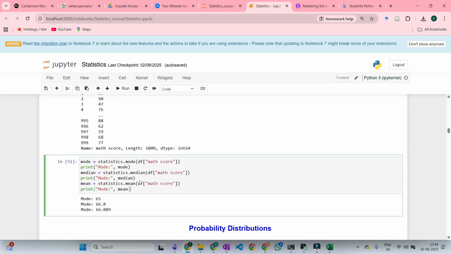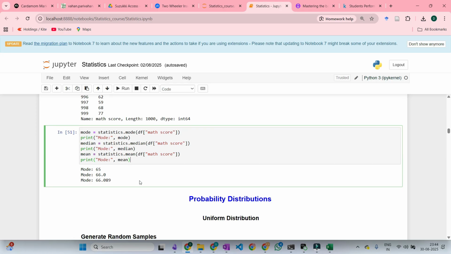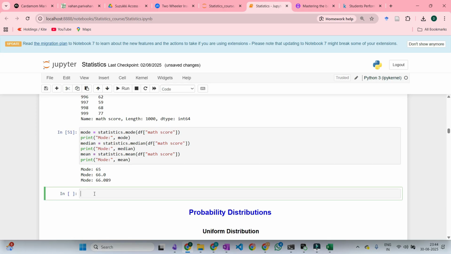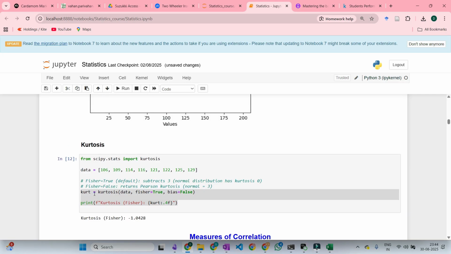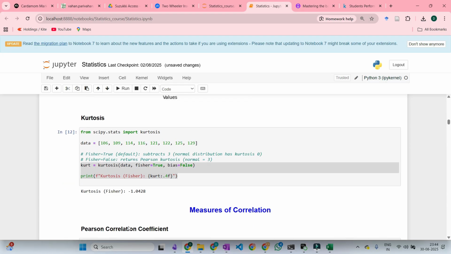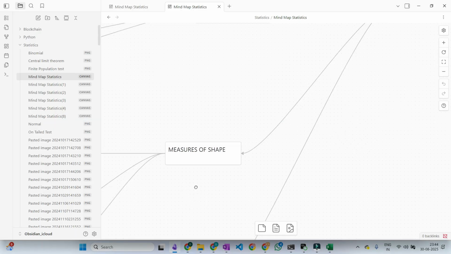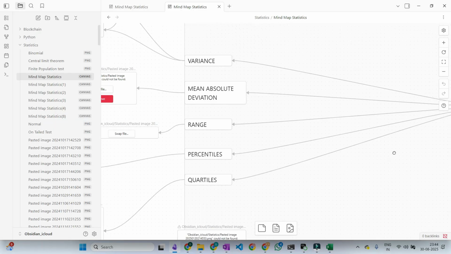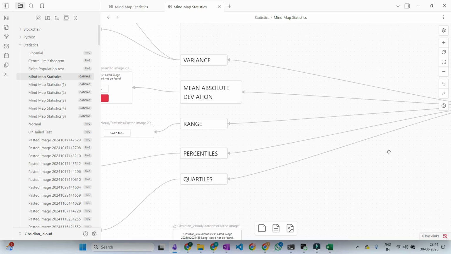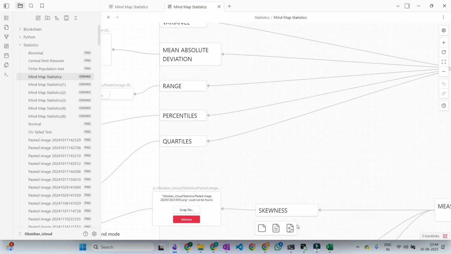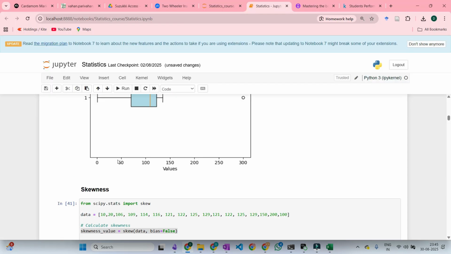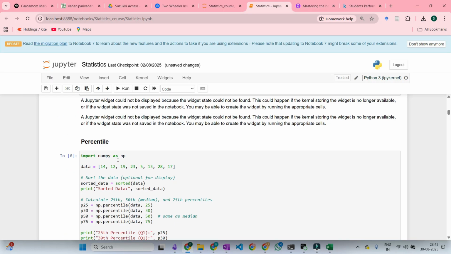Right, now once we have found the mean, median and mode, let us find the measures of dispersion, that is the standard deviation. The measures of dispersion include variance, mean absolute deviation, range, quartile, etc. So let us plot that. For that, let us look at the formula here.